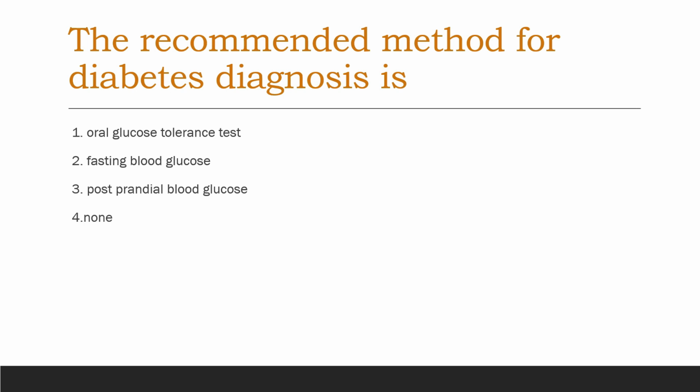Next, the recommended method for diabetes diagnosis is oral glucose tolerance test, fasting blood glucose, postprandial blood glucose, or none. The option is fasting blood glucose level, which should be more than or equal to 126 milligram per deciliter.